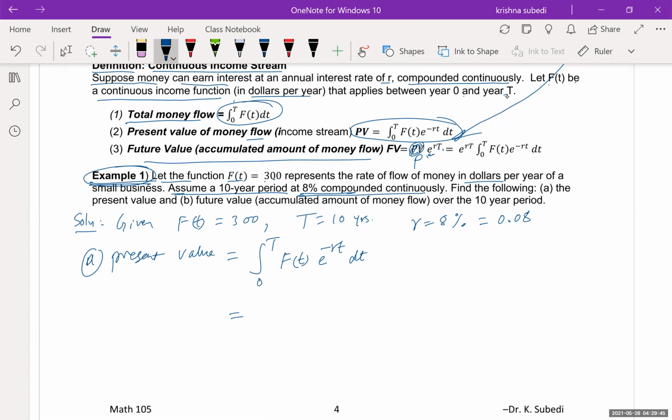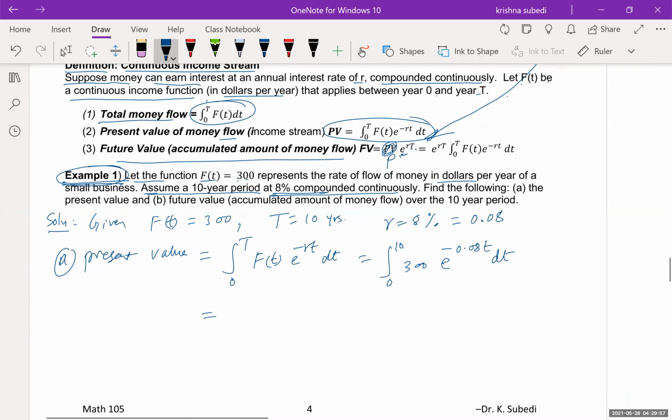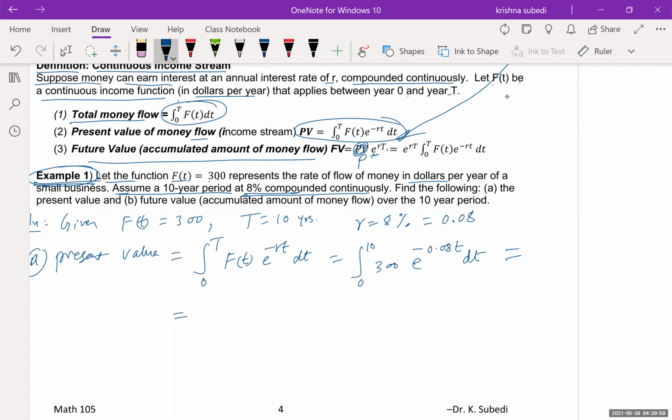So that's going to give me the integral from 0 to 10, f of t is 300, e to the minus 0.08t dt. That's it. So let us find the integration. Okay, I trust that everybody knows how to evaluate the integral of this. Go ahead and try, and let me know what your answer is.